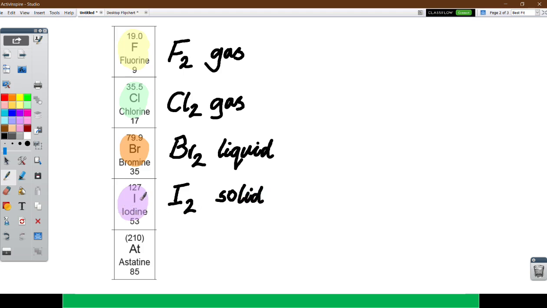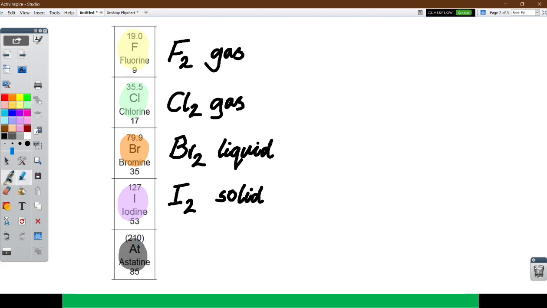Iodine, if you dissolve it in water, it's a kind of a reddish brown solution. If it's dissolved in non-polar solvents, it tends to be more of a purple solution.